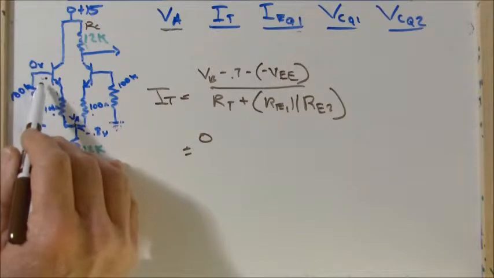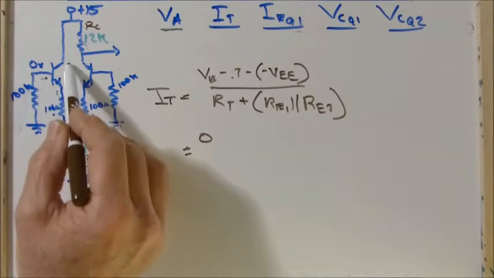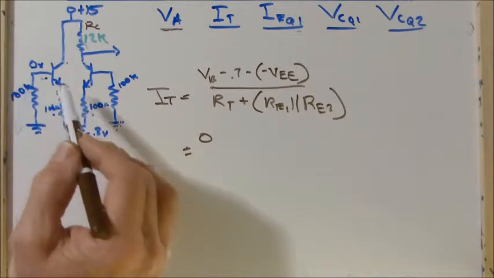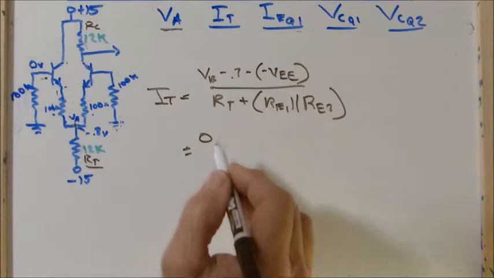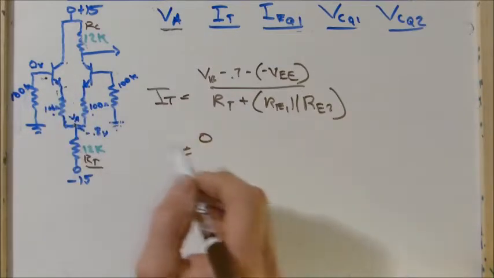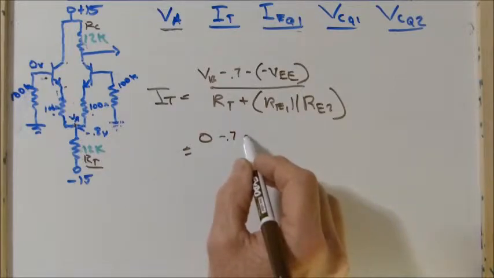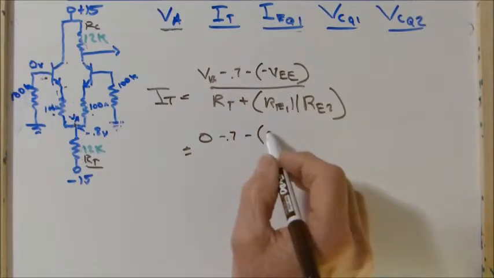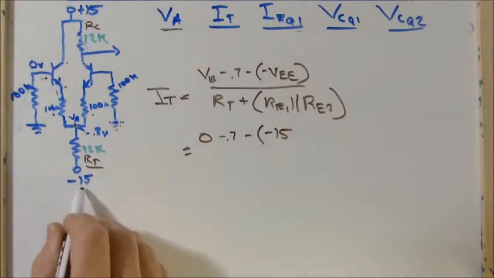We've got a little bit of current between the base and the emitter, which produces a large amount of current between the collector and the emitter based on the beta DC of the transistor. But for tonight's calculations, let's just go for 0, minus the 0.7 volt drop, minus the negative 15 volts, VEE.